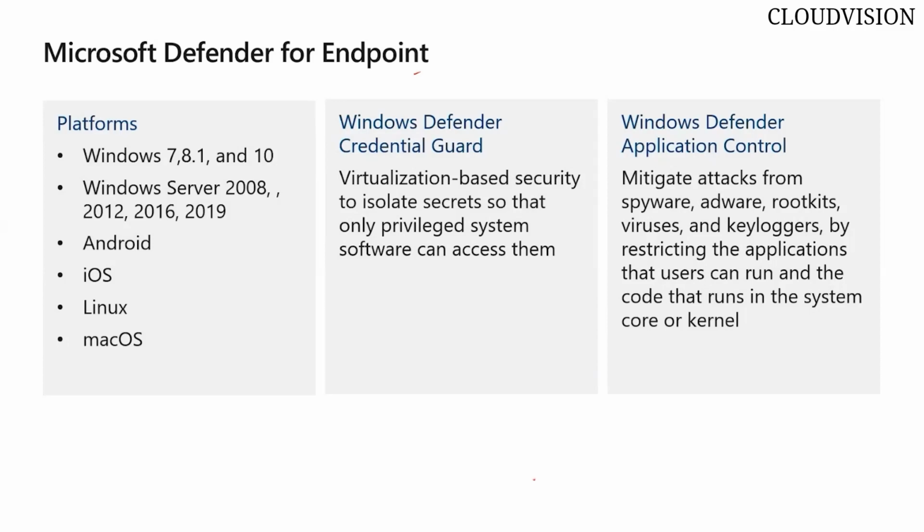In this particular plan, if I talk about Windows 10, there we have some behavior-based sensors. They actually check the behavior of your machine. It comes along with Windows 10. These sensors collect and process the behavioral signal from the operating system. They collect the data and send the data to Defender for Endpoint.